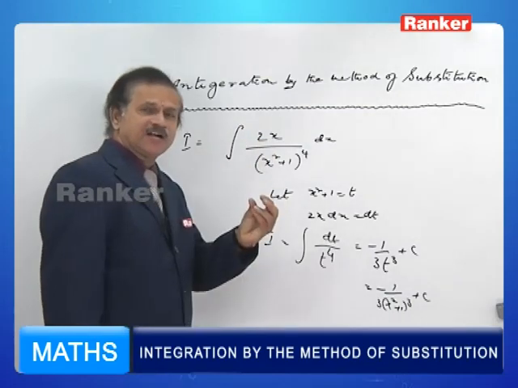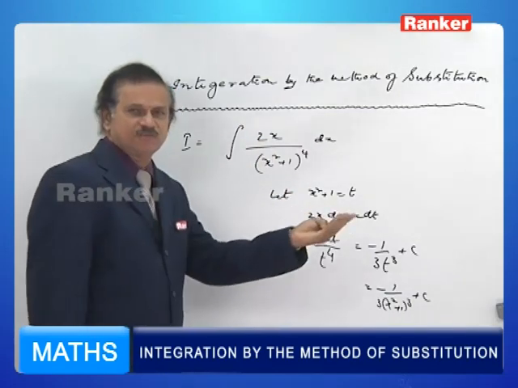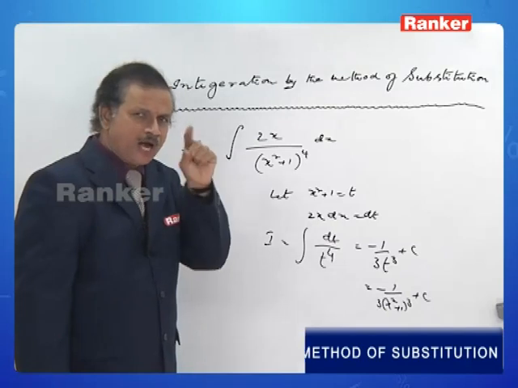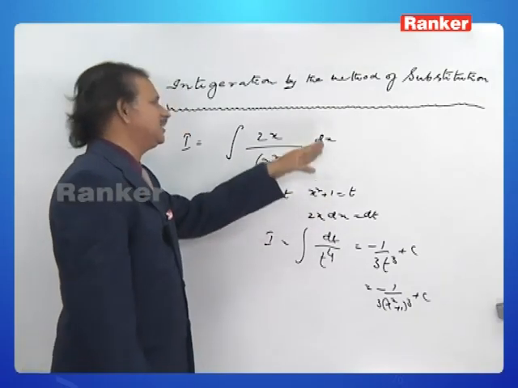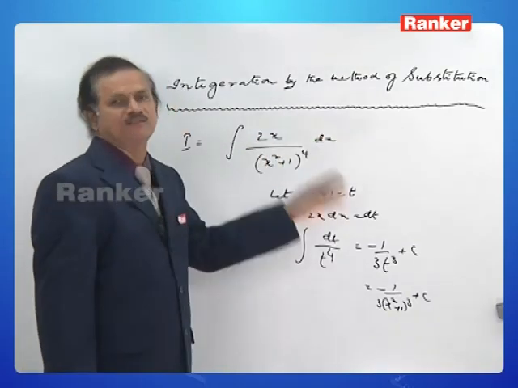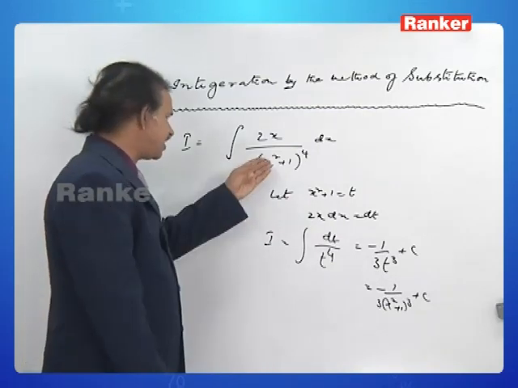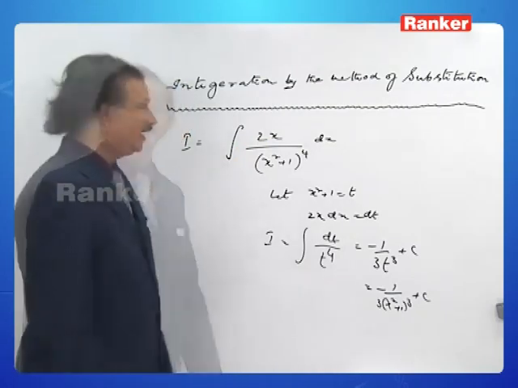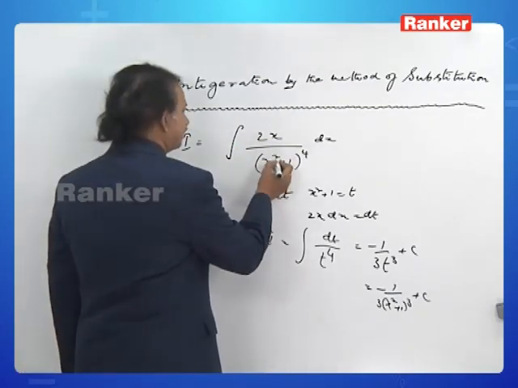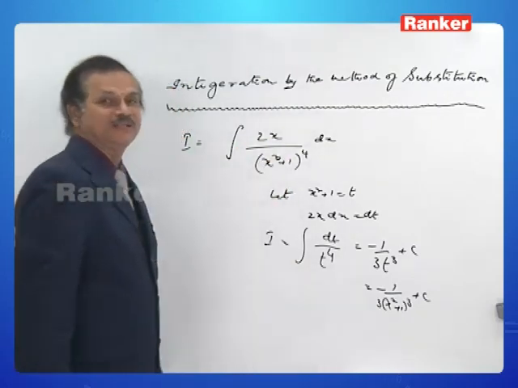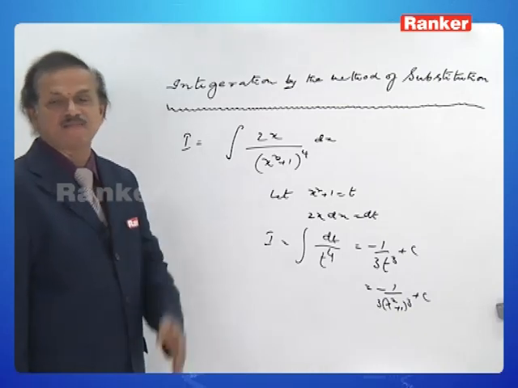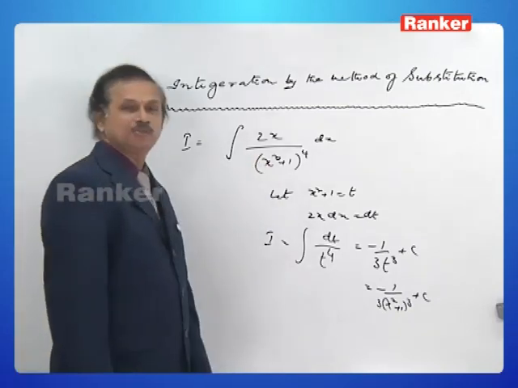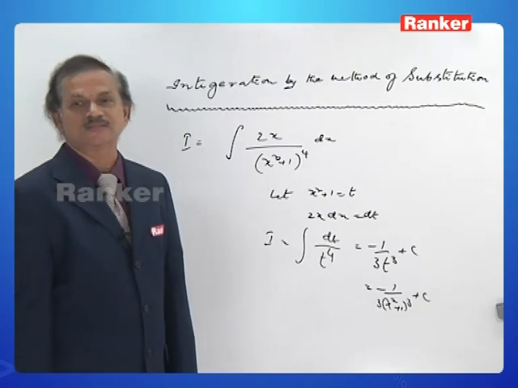A particular function can be assumed as some t or some other thing when and only when its derivative is just available before dx. We could have taken x square plus 1 as t because its derivative is available here. If it is x cube plus 1, you cannot apply this method. You must seek another method because derivative of x cube plus 1 is not 2x.